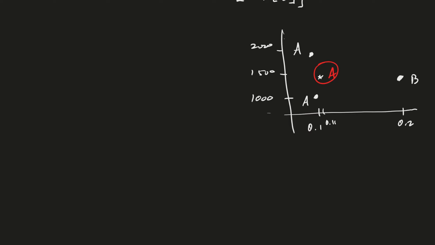Well, if you were to use the nearest neighbor classifier, what you would find is that the distance from our unknown point to each of these other points, the distance from here to here and the distance from here to here is actually going to be 250,000, but the distance from here to here turns out to be 0.008. Okay, so you see what's happening here.